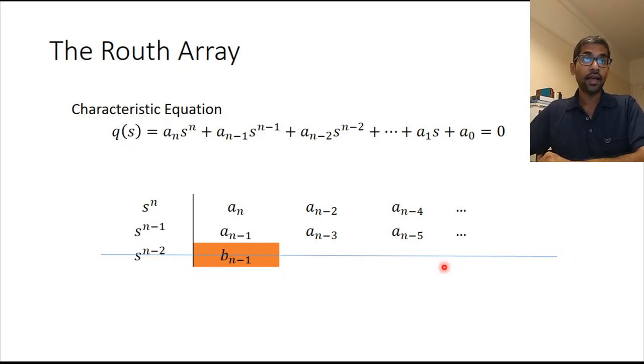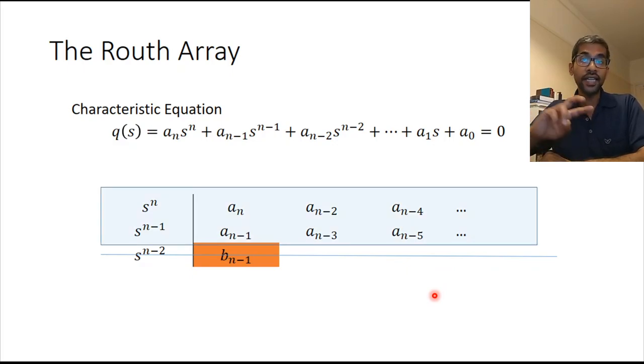Okay, and once we've identified the current row, take the two rows that are above the current row. So we take these two rows. They are just above the current row, and mark out the elements in the first column of those rows. In this case, those are going to be an and an minus 1.